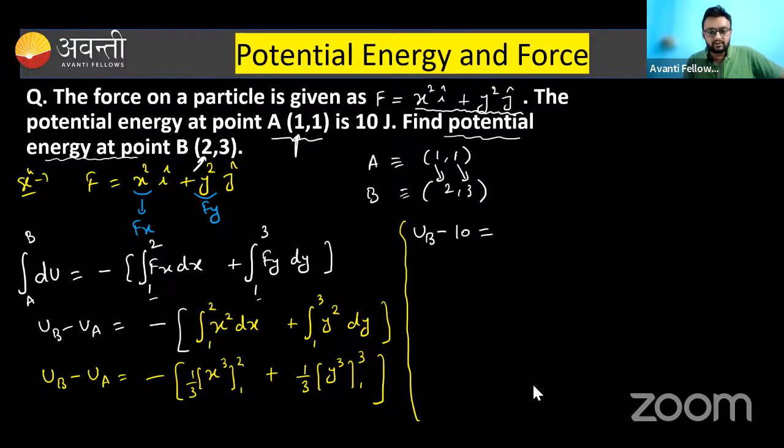I know it's becoming a little bit calculative, but these are the things that you need to know, na? Minus is there. If I solve the upper limit minus lower limit, it will be 8 minus 1, 8 minus 1 divided by 3, that means 7 by 3. Plus sign is there. If I put 3 here, 27 minus 1, that is 26 by 3.